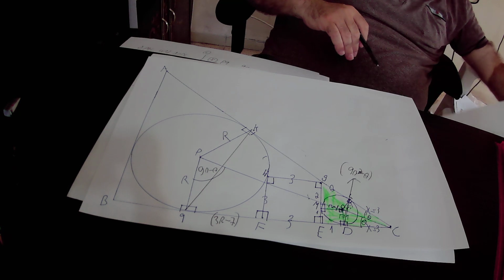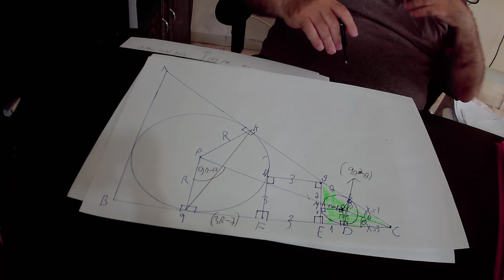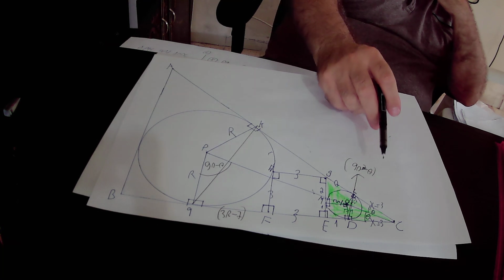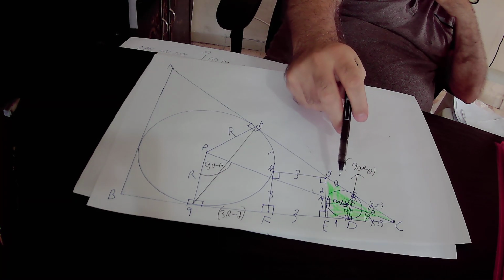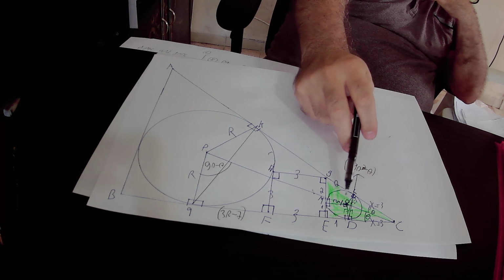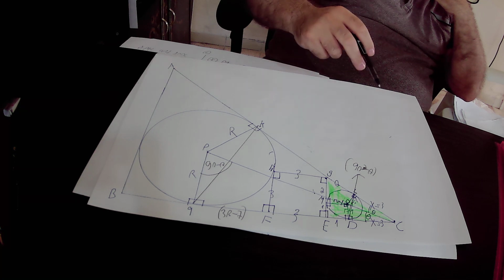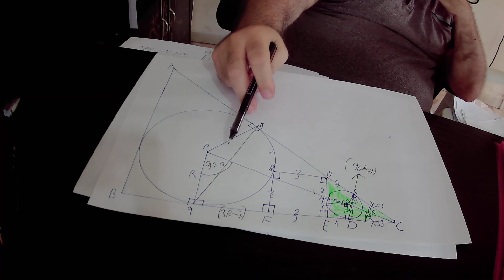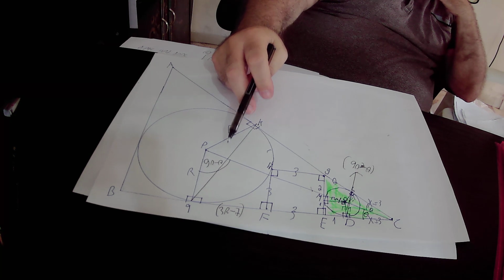Okay, and then we define in triangle ODC, this angle equals theta, this angle equals 90 degrees, therefore this angle must be equal to 90 degrees minus theta. For the same reason, in triangle PQC, this angle must also be equal to 90 degrees minus theta.